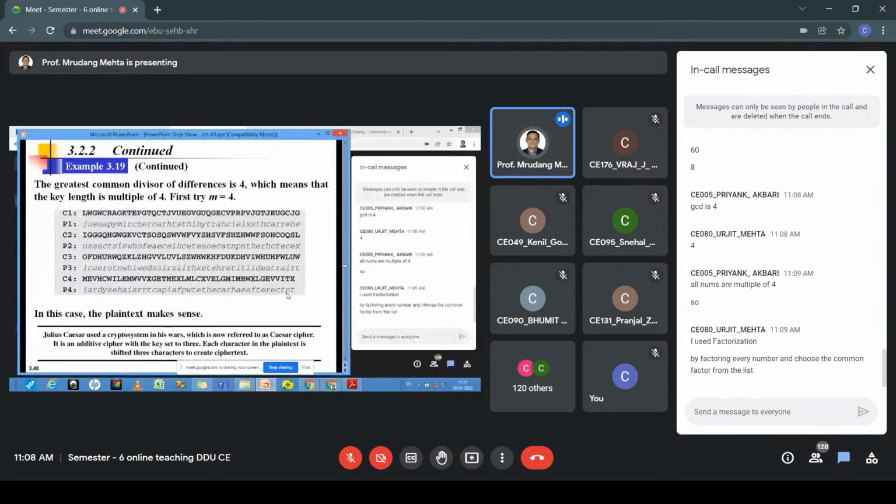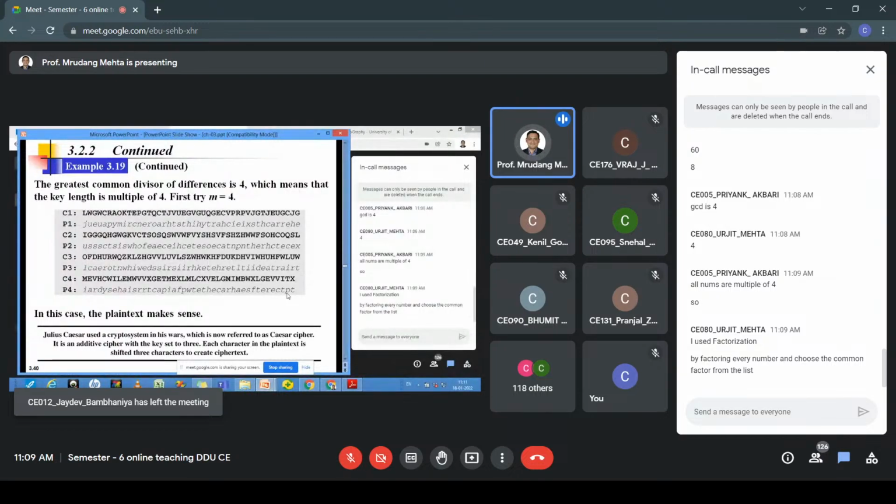The GCD of differences is 4, which means that the key length is a multiple of 4. We don't know it is 4, but we can say that it is a multiple of 4. Are you getting this? It is at least a multiple of 4. That is what we are concluding. But we start with 4.